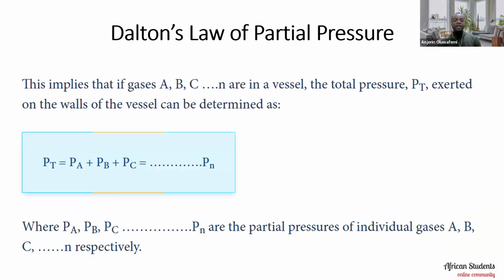This implies that if gases A, B, and C, up to maybe n, are in a vessel, the total pressure PT exerted on the walls of the vessel can be determined as PA plus PB plus PC up to PN, where PA, PB, PC, and PN are the partial pressures of individual gases A, B, C, and N, respectively.